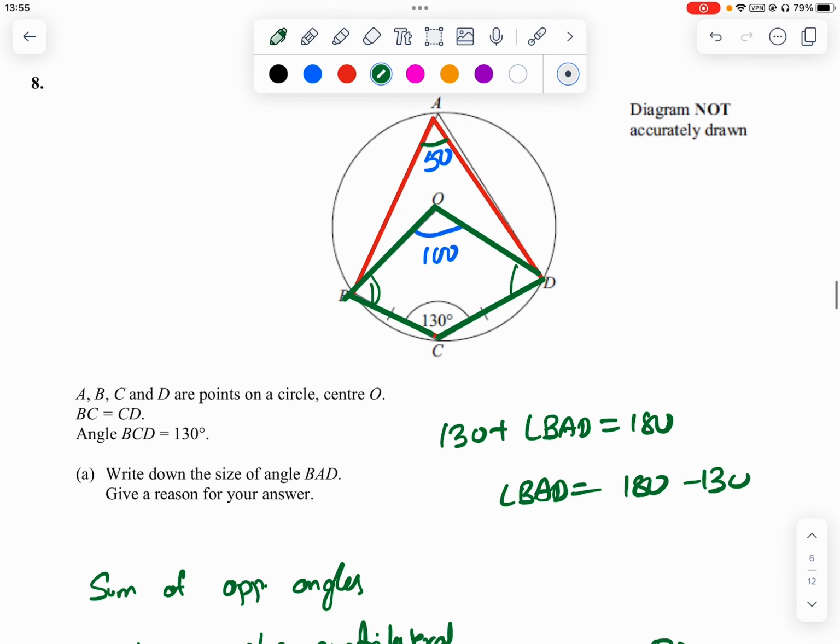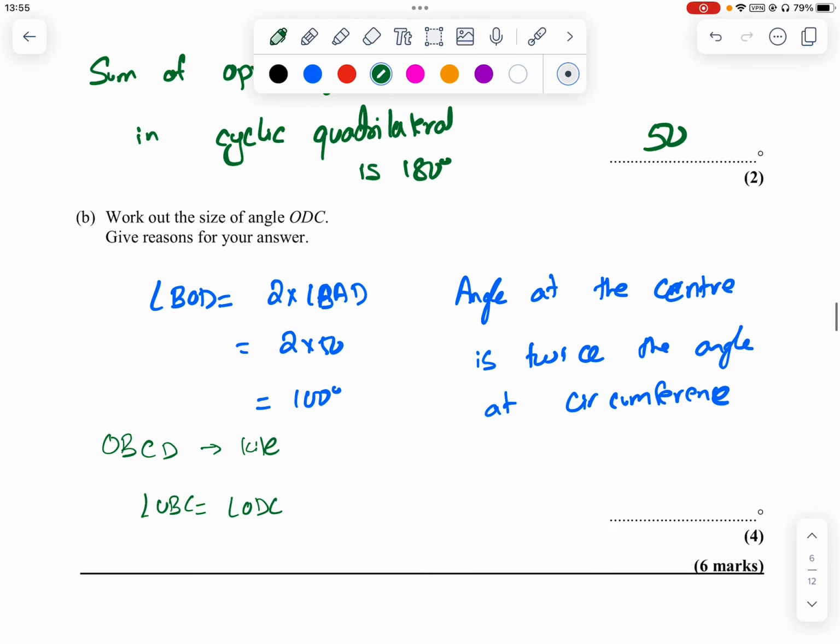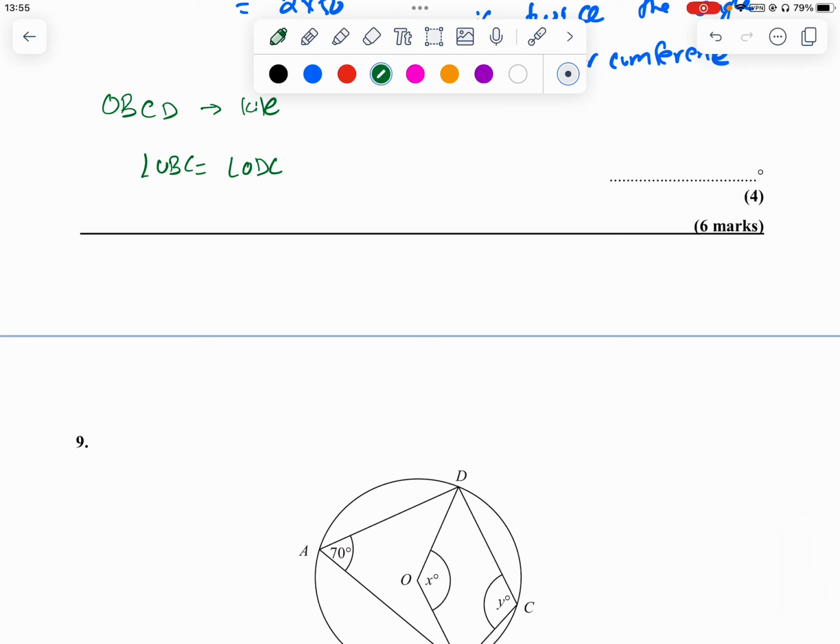So let those two angles be x and x. Sum of all angles in a quadrilateral is 360. So I can write 100 plus 130 plus 2x equals 360. So 2x equals 360 minus 230. So 2x equals 130, x equals 65 degrees.